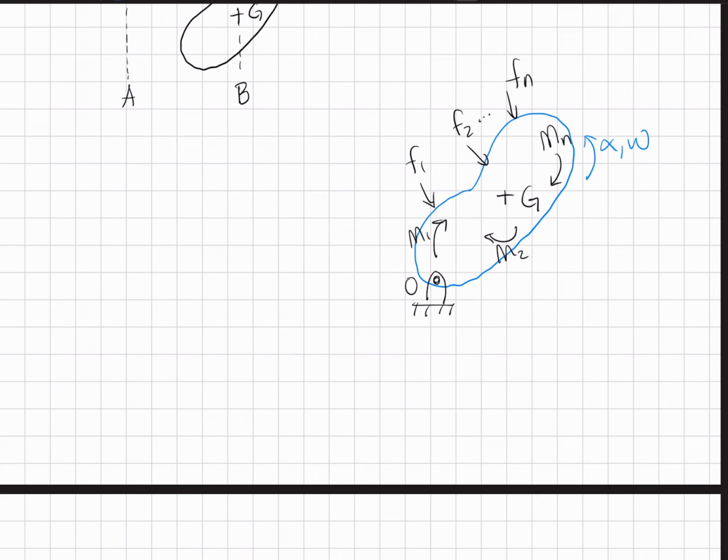What I can do is I can draw the approximate trajectory of point G, kind of like this. And so you can imagine point G is rotating around this point O. And when it's rotating, we expect an inertial acceleration heading outwards. It's always away from the centroid.